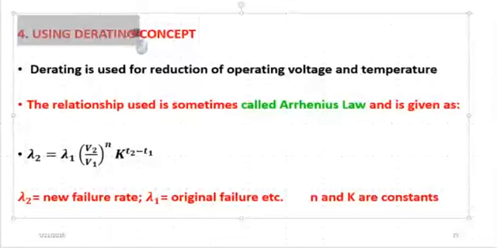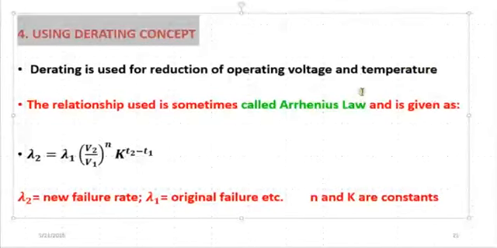Method number 4 of reducing the rate of failure of items, components, devices is by using a technique called the derating concept. What is derating? Derating is just a process of reduction of the operating voltage and operating temperature. If a component is designed to operate at, let's say, 12 volts, you can take it as low as 9 so that you reduce the value of the voltage.